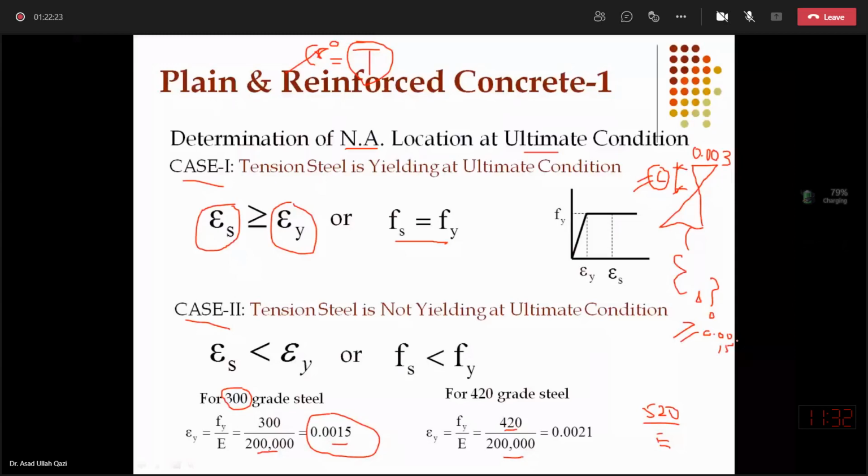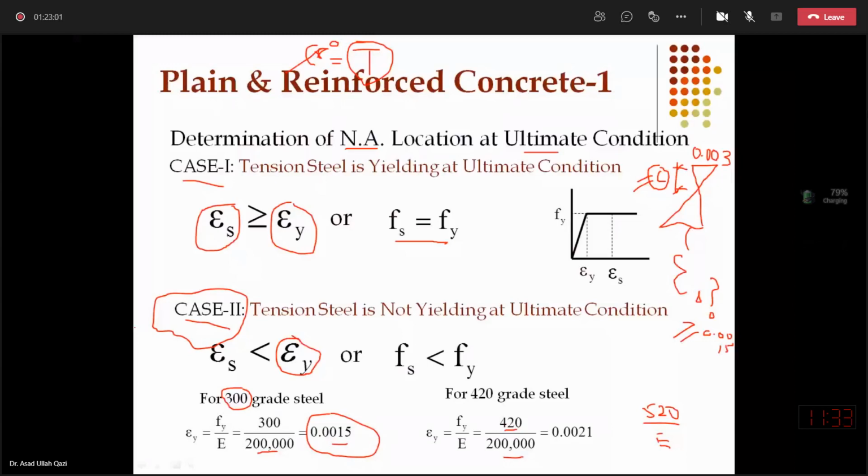The second case, which is undesirable, the worst, is when concrete approached crushing at the top, and the steel layer had not yielded. It was in the elastic range. Such beams will not deflect more and will not give us warning, and suddenly bursting of the concrete on the compression side will take place, and a less ductile failure will occur.